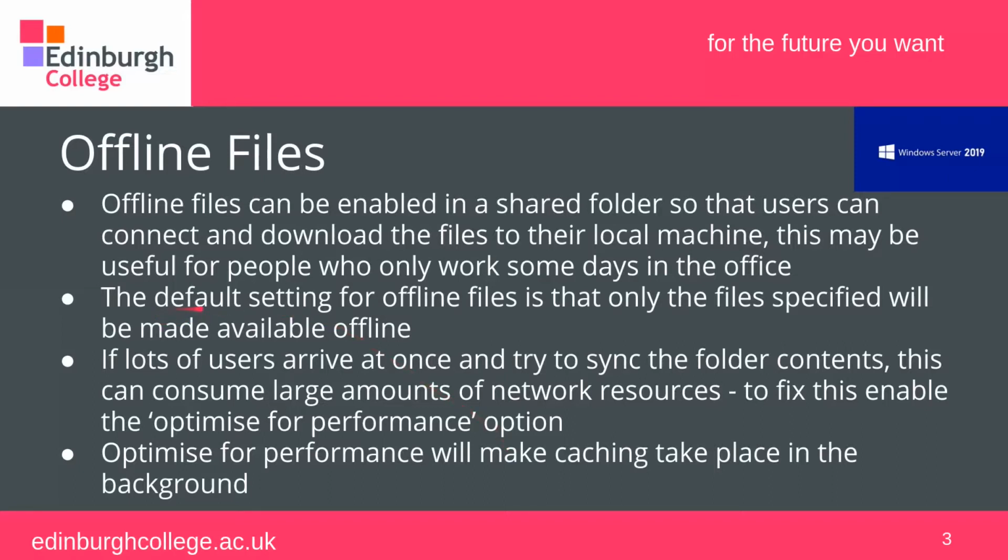Now, the default setting for offline files is that only the files specified will be made available offline. So not every single file is made available offline; you have to specify which files you want.